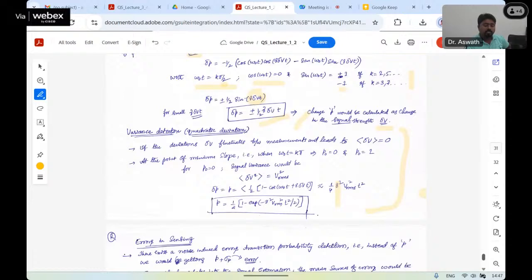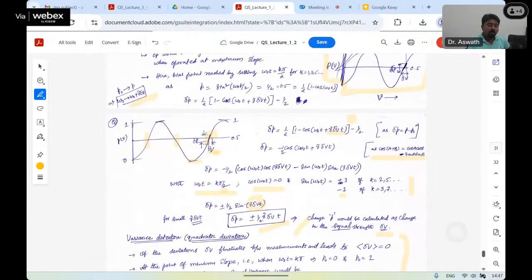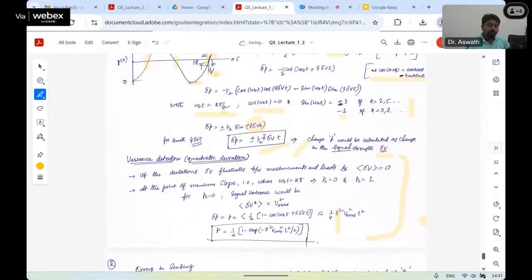What it connects is, the moment you know delta V, its variance from some stable value would be equal to the square root of the square of the root mean square. Fine. Again, this is too much to expect you to understand, but you can say the rate of change in probability would be connected to the rate of signal strength.